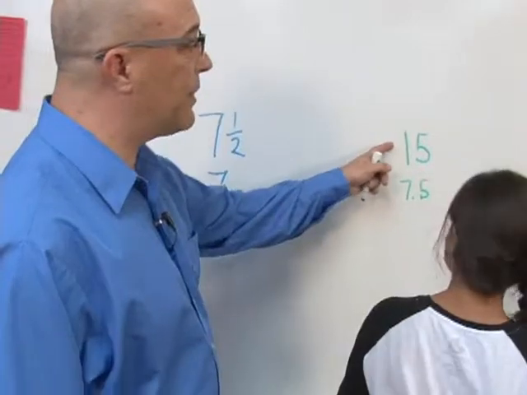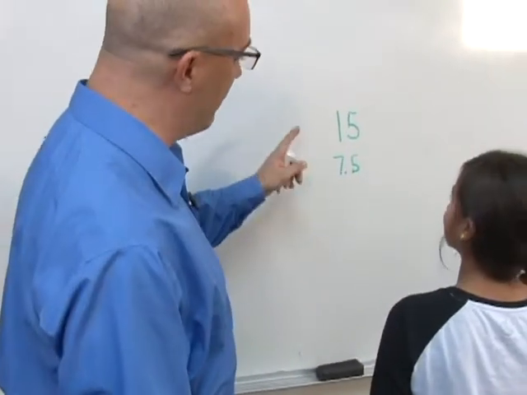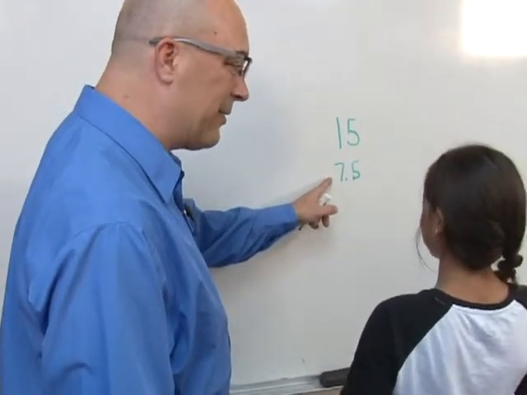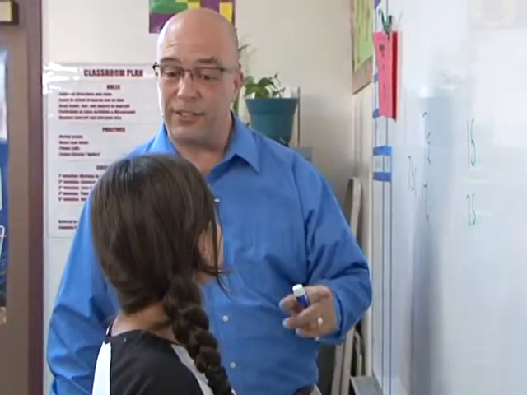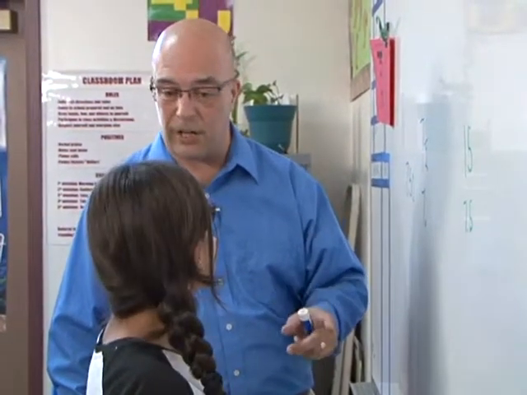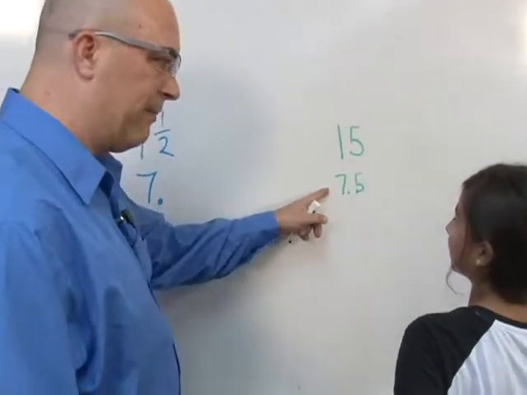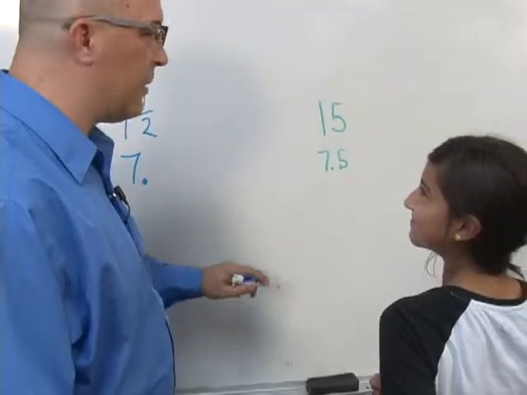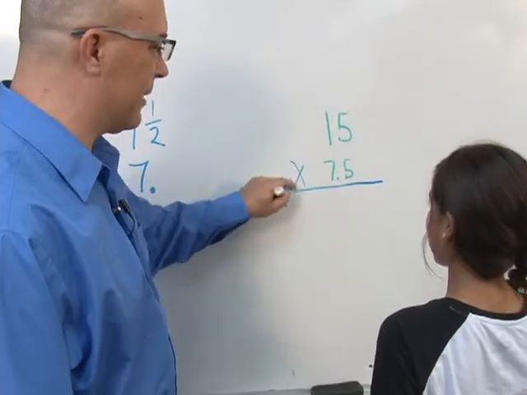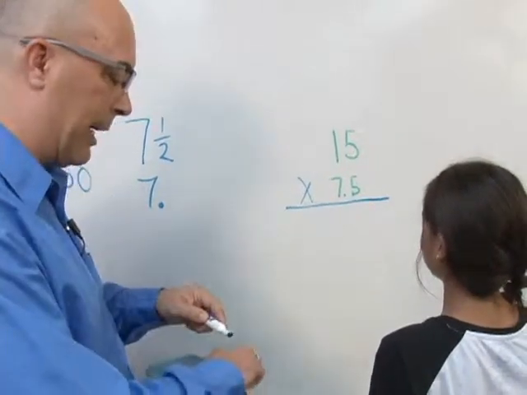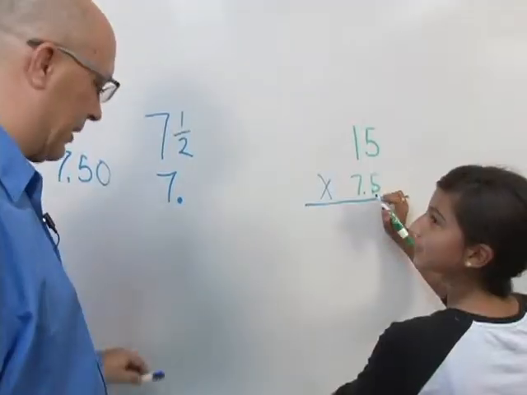Good. So you have 15 boxes of clothes. Every box has 7.5 pounds of clothes in it. What I'd like to know is how many total pounds are there? So can you multiply a decimal and a whole number? Not really. Not really? Well, we're going to work on it today. All right? So let's go ahead and start multiplying and tell me exactly how you're doing this.